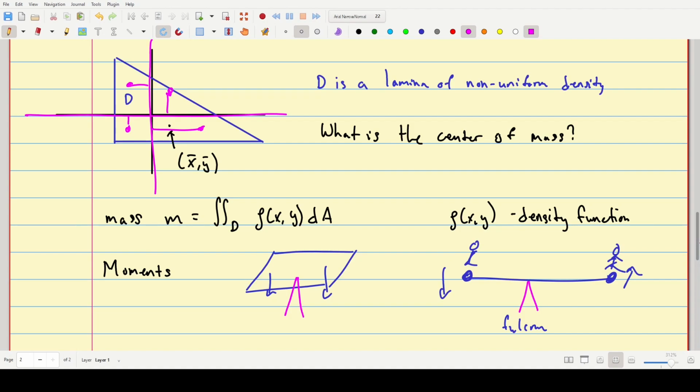There's this kind of twisting, which tells us where the location of the x coordinate for the center of mass is, right? And there's this kind of twisting that tells us where the y point for the center of mass is going to be.